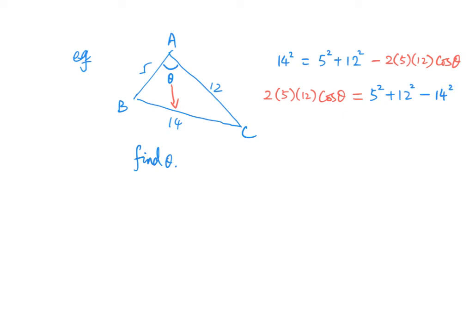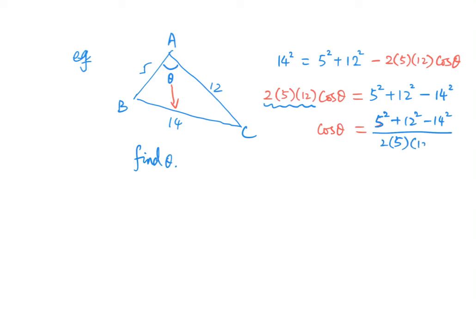Now cosine theta equals 5 squared plus 12 squared minus 14 squared divided by the whole thing, 2 times 5 times 12.